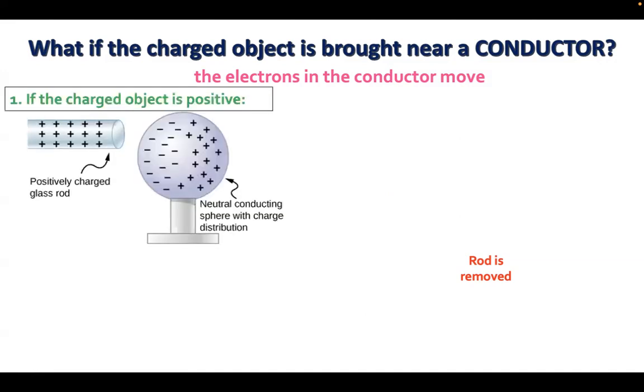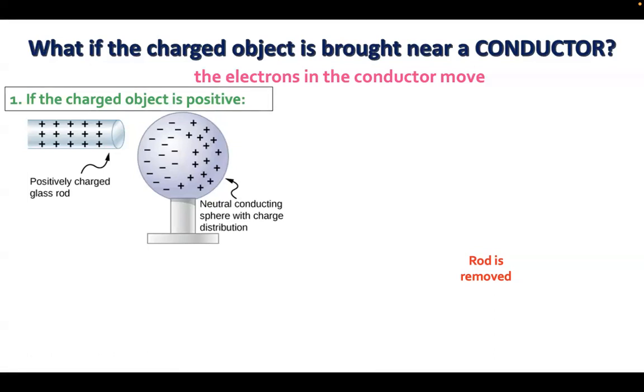If the charged object is positive. Now, where's that charged object that I'm talking about? It's that rod, okay? This rod is an insulator that is charged and it has a positive charge. Now, if I bring this insulator near a sphere, at first, they wouldn't look like this, the charges. They would just be randomly arranged.